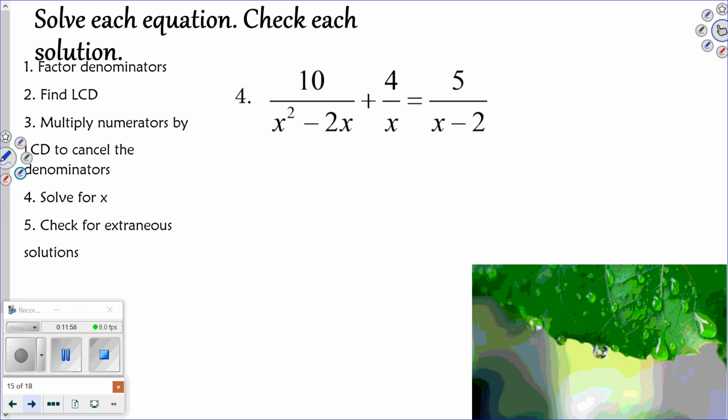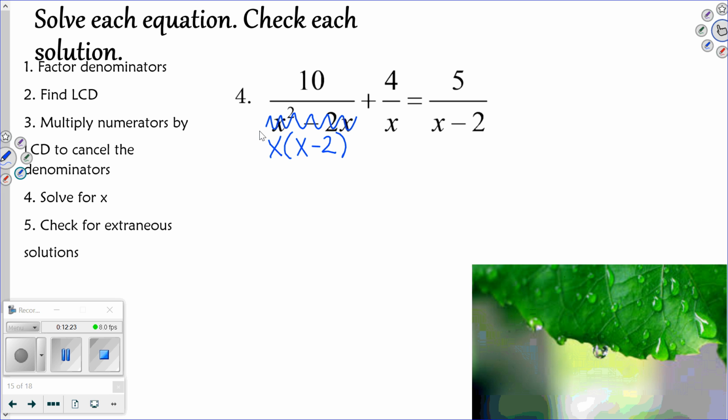All right, number 4. Step 1. Factor denominators. Yes, take an x out. So x minus 2. So step 2, find your LCD.